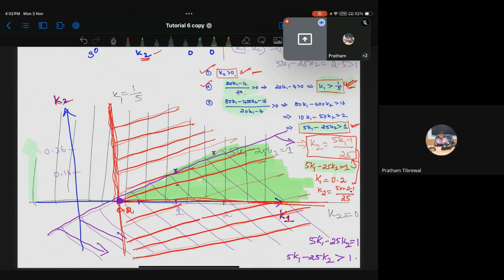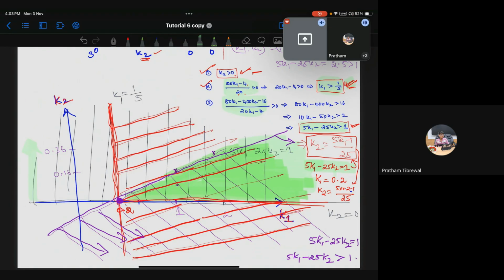So it means that finally this green part is the region. Is this clear?